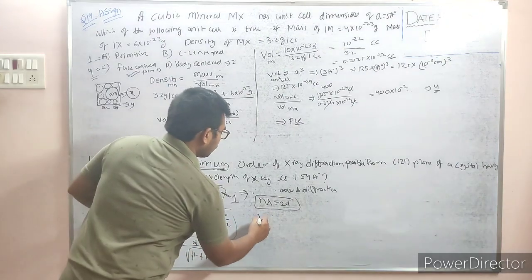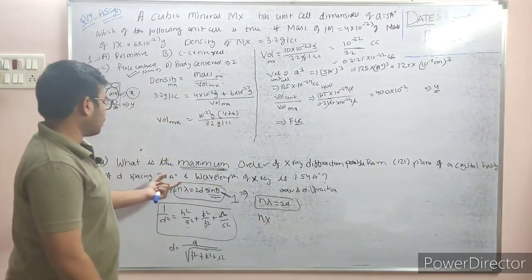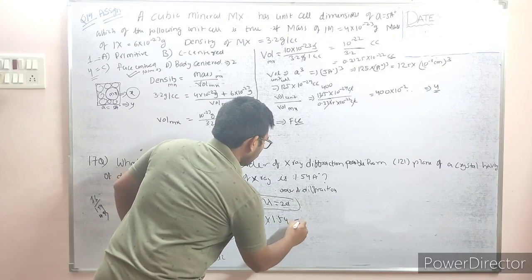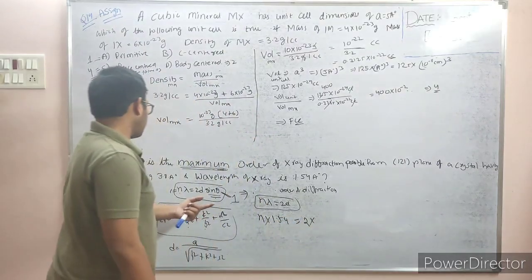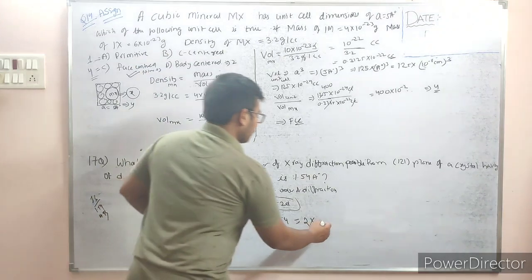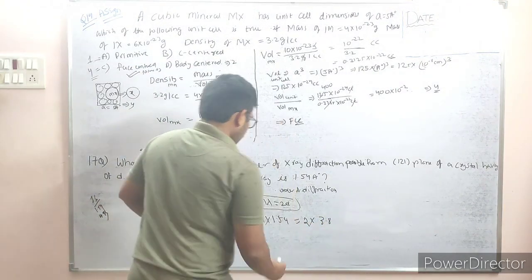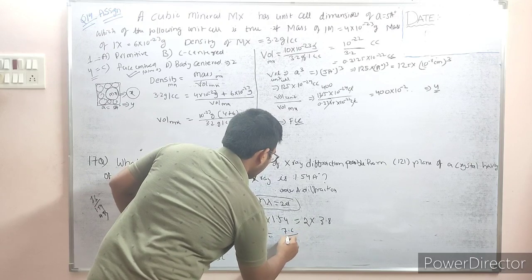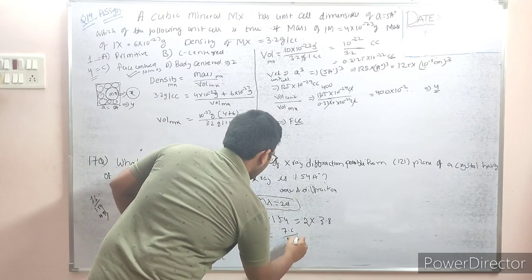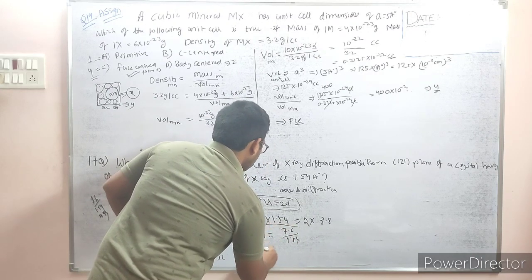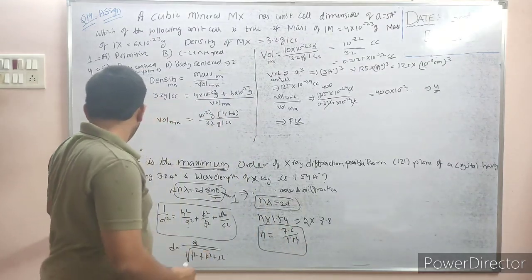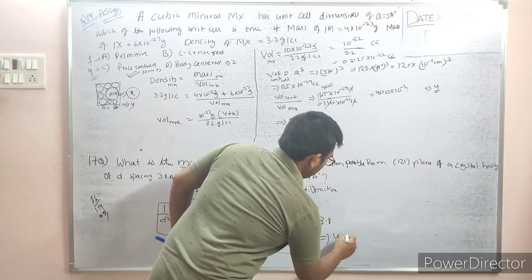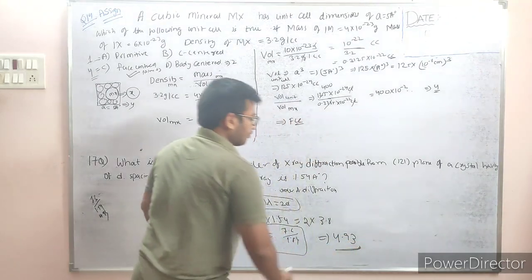So n is equal to 2 into the d spacing, 3.8 angstroms, upon the wavelength, 1.54 angstroms. n is equal to 7.6 upon 1.54, and if you calculate this you get 4.93. This is the order of diffraction.